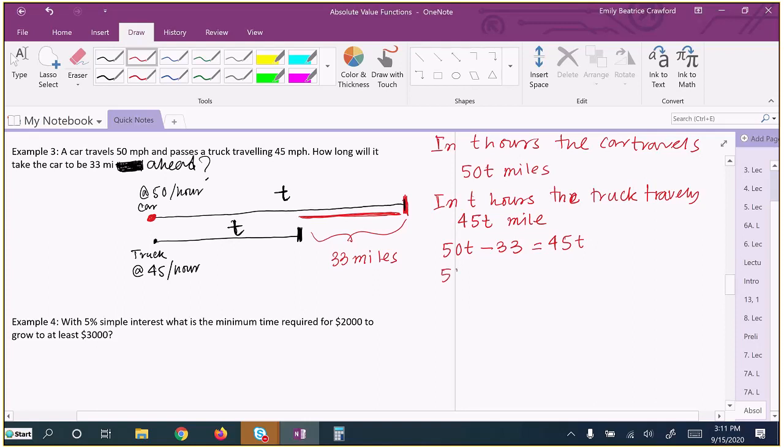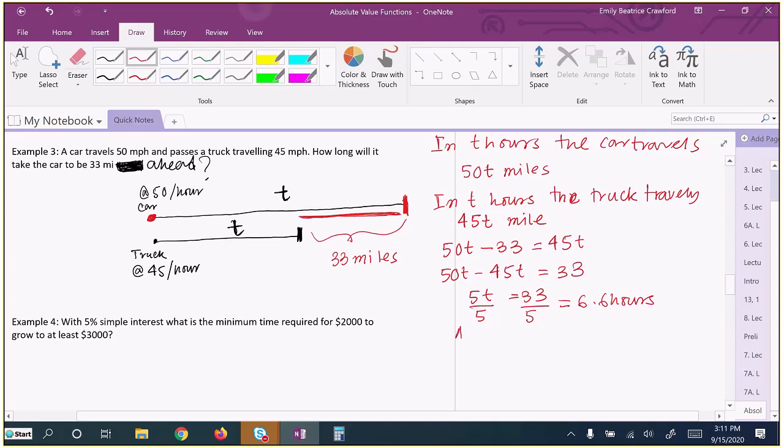And then I solve it for the value of t. So I do 50t minus 45t, and that is equal to 33. So that means 5t is equal to 33, and I divide both sides by 5 to isolate t, because that should be my answer. It will be 6.6 hours. So that is your answer.